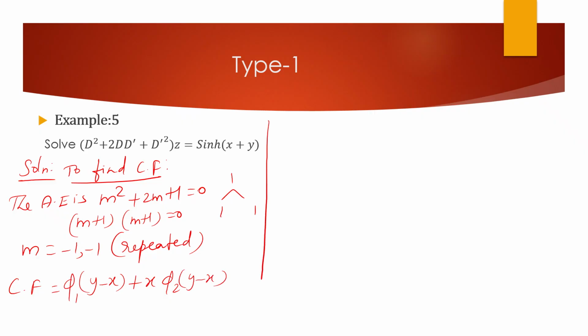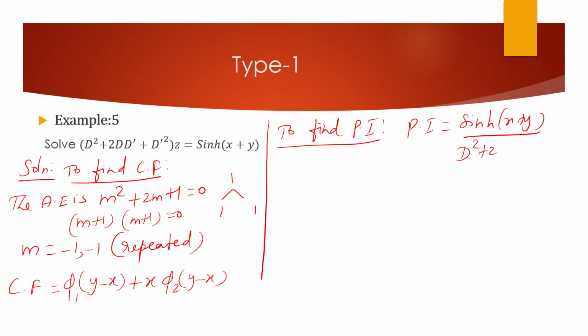Now to find the particular integral, we take PI as the function of x and y in the numerator, that is sine h of x plus y, and our function of d and d dash in the denominator, which is d square plus 2d d dash plus d dash square.